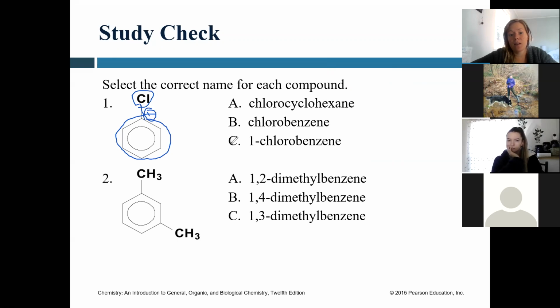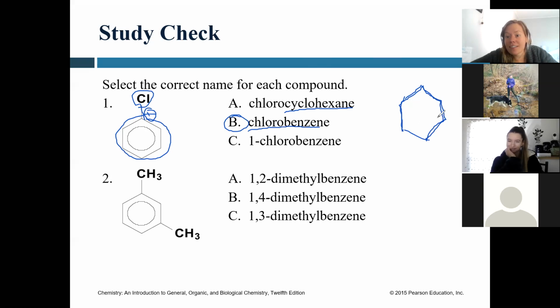We don't need to say that it's on one. So this would be chlorobenzene. You definitely don't call it cyclohexene. What would chlorocyclohexene look like? It would look like this. Pen, stop disappearing on me. Sorry, that's a really cruddy drawing, but hopefully you can get the idea.